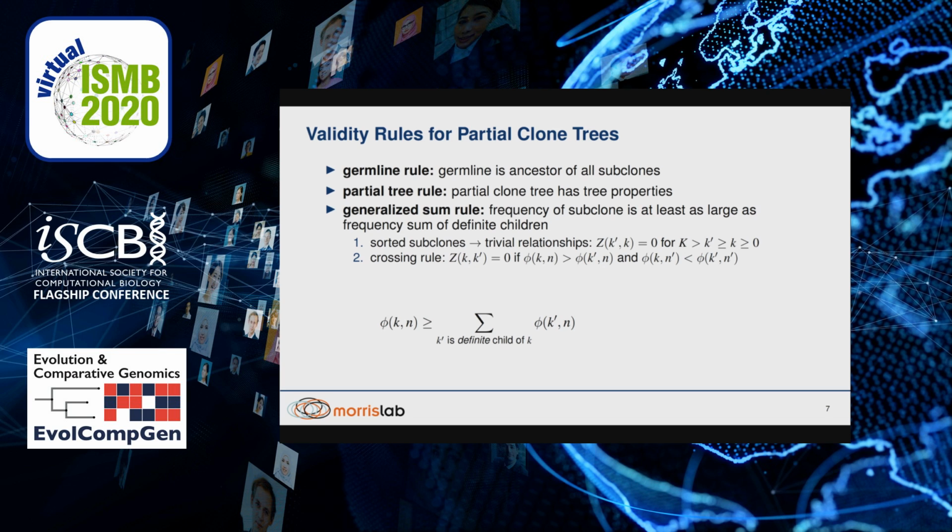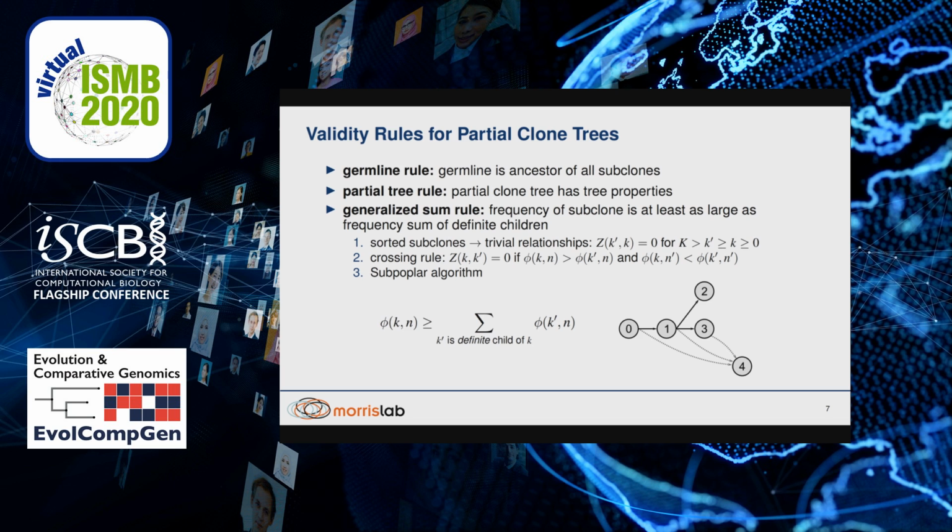The second consequence is the crossing rule that is derived from the generalized sum rule. It states that a subclone K cannot be an ancestor of a subclone K' if K has a larger frequency than K' in one sample n, but a lower frequency in another sample n'. And finally, the generalized sum rule leads to our SubPopLar algorithm that propagates this rule in a more general way.